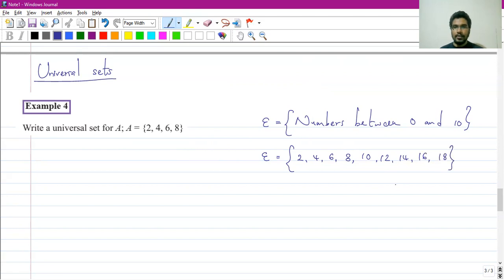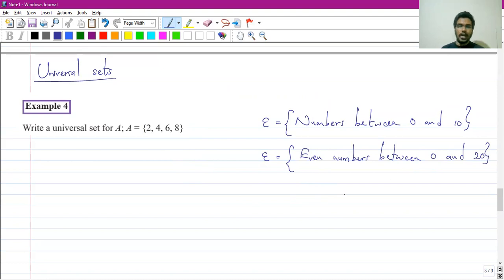Like that you can take the universal set, because all the elements are included in this one. So you can write this as a description: even numbers between 0 and 20. So I think you can understand it.